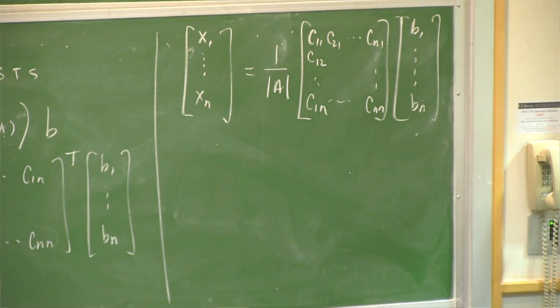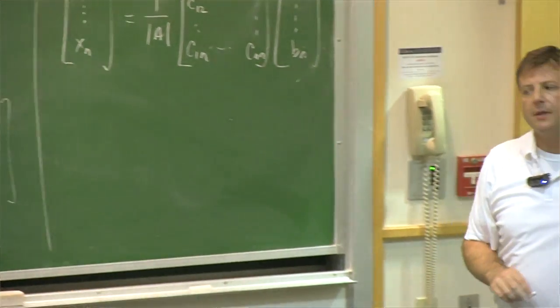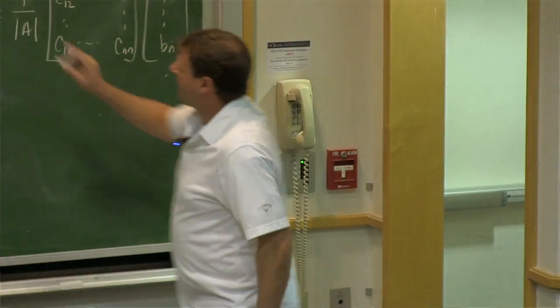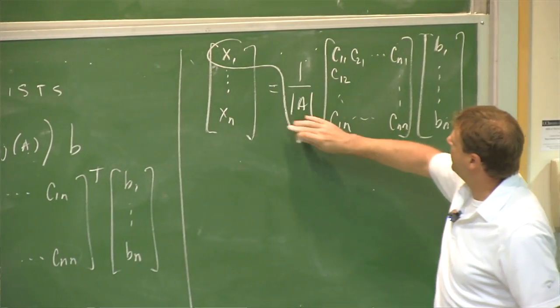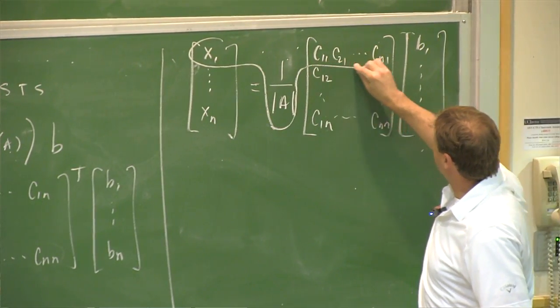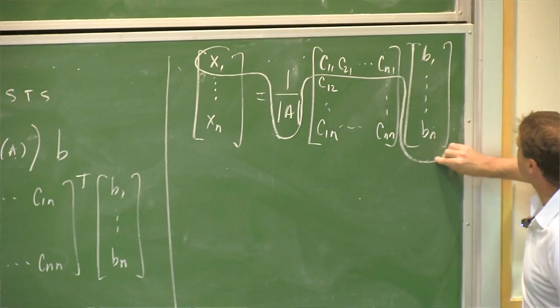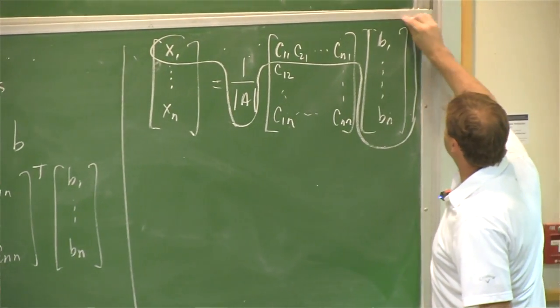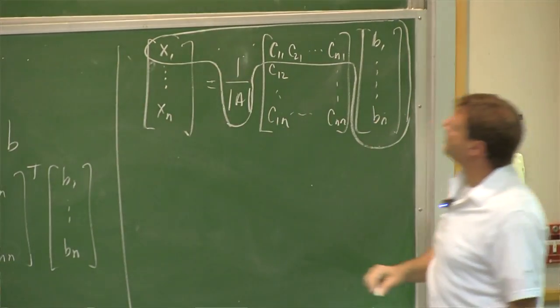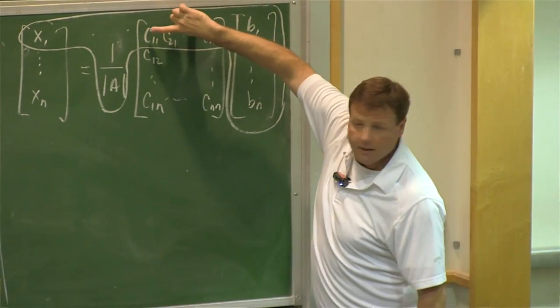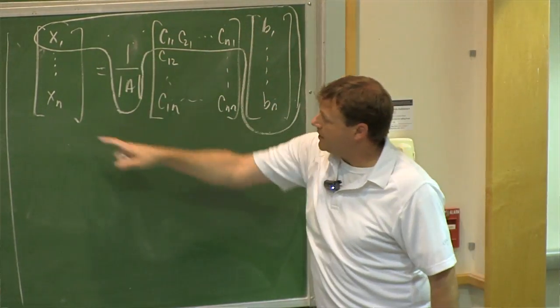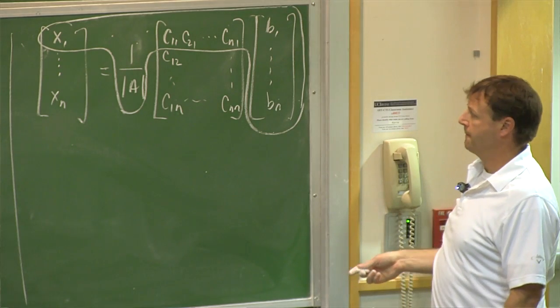So here's what I want you to see. Let's just calculate x1, okay? How do I get x1? I'm going to multiply out the top row here with b. Can you see that? That's how I would get x1. I would multiply this out, right? And that would give me the very first location of my new matrix.